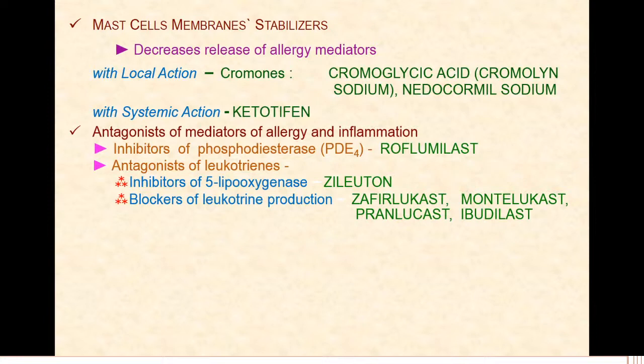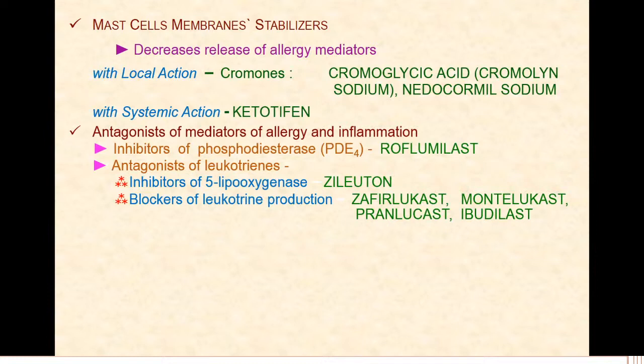So usage of non-steroidal anti-inflammatory agents or non-opioid analgesics with the mechanism of action of COX inhibition can provoke increase of bronchial tonicity. And that is why, of course, we should use anti-leukotriene preparations.